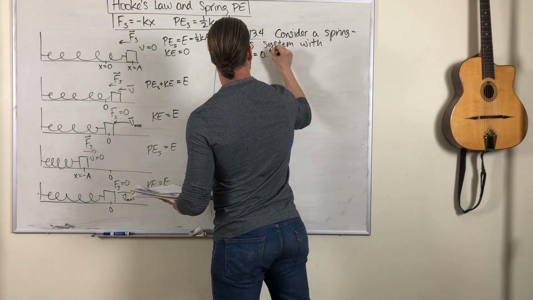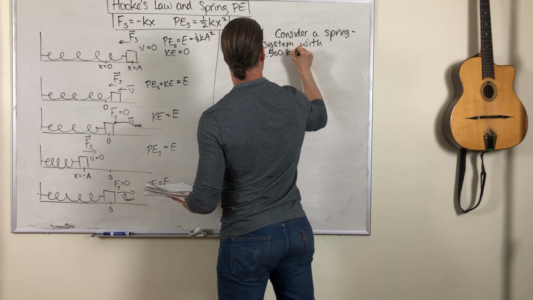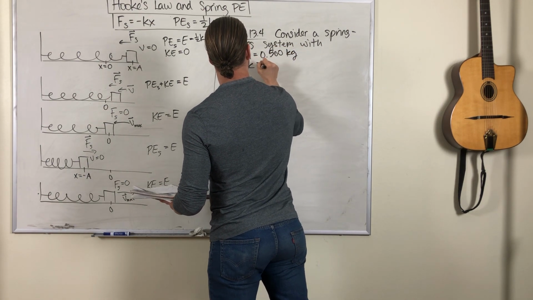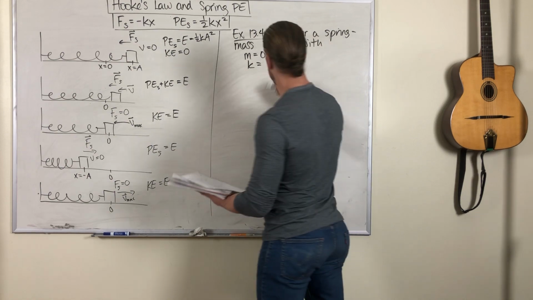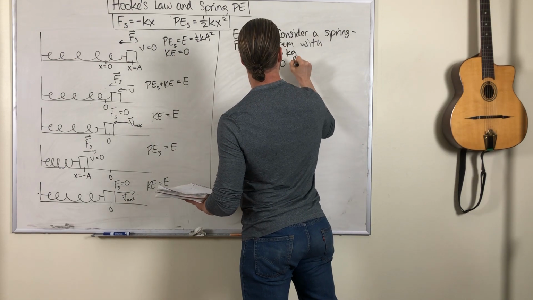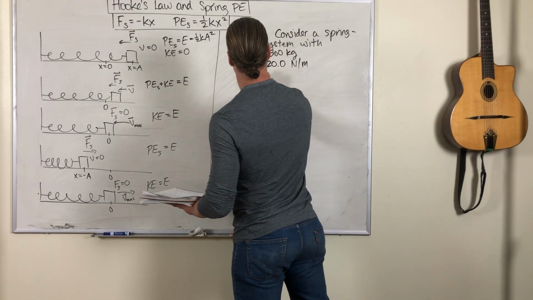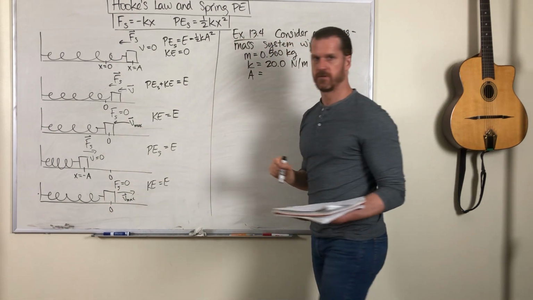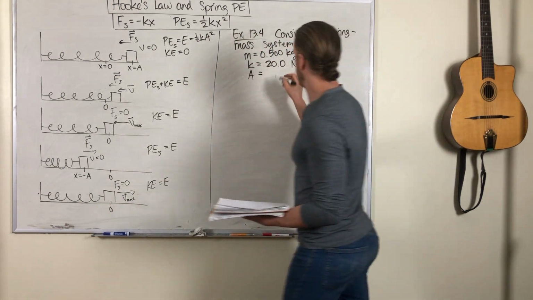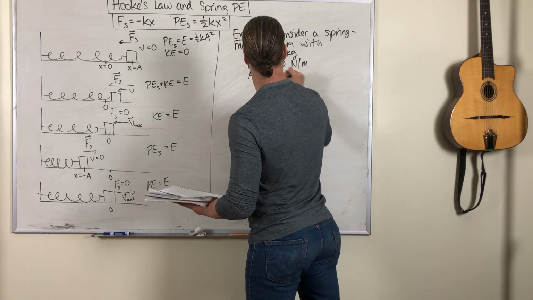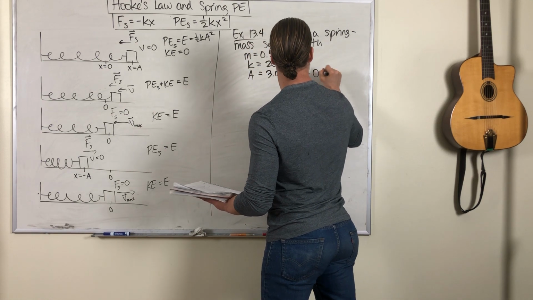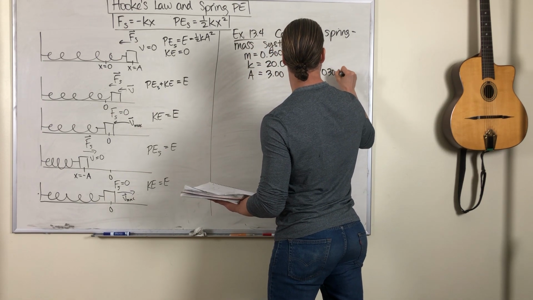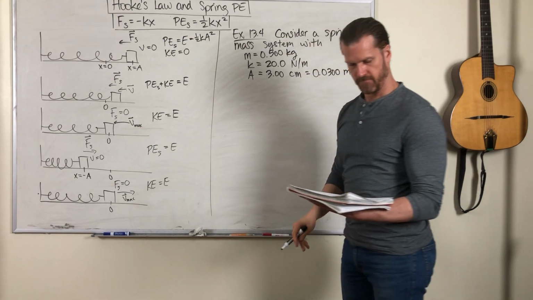M equals 0.5 kilograms. The spring constant is 20 newtons per meter, and the amplitude, that initial stretch, is 3 centimeters, or 0.03 meters.